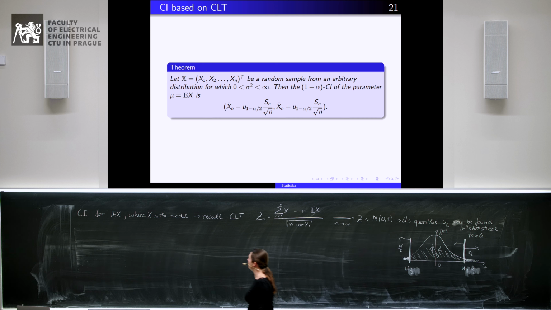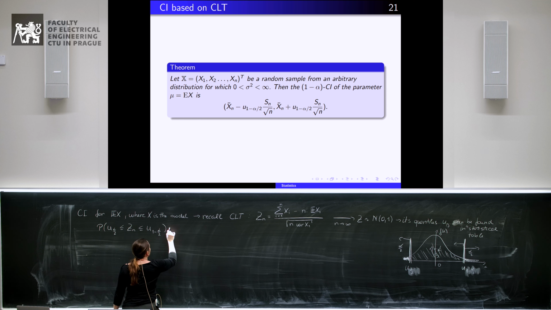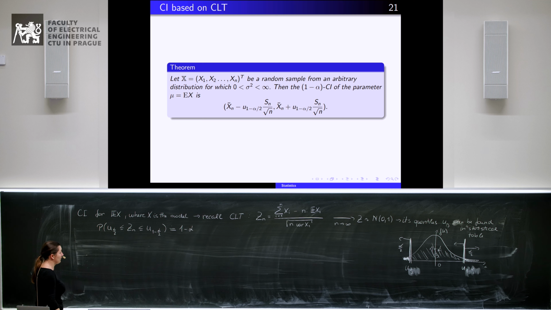Okay, so what does it mean? It means that the probability that Z_n lies between u_(alpha half) and u_(1 minus alpha half) is equal, approximately, but we suppose that n is large enough, so we can say that it is equal to 1 minus alpha.